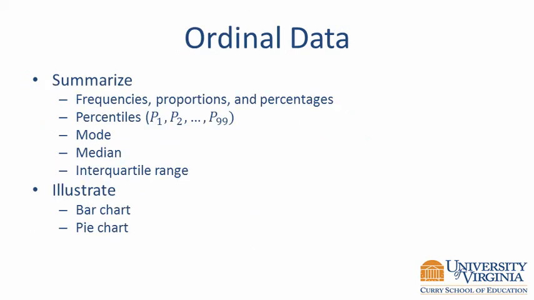Ordinal data is summarized in a similar way, but you have the additional choice of using percentiles. You can also use the mode or median to describe central tendency, and the interquartile range to express variability. With ordinal data, you can also use a bar chart or pie chart to illustrate the results.